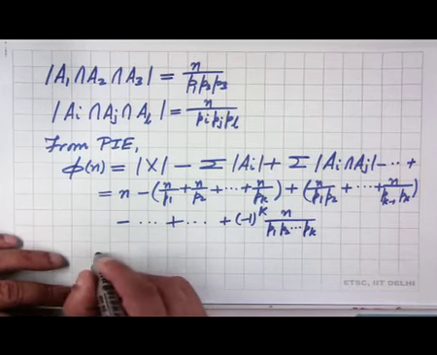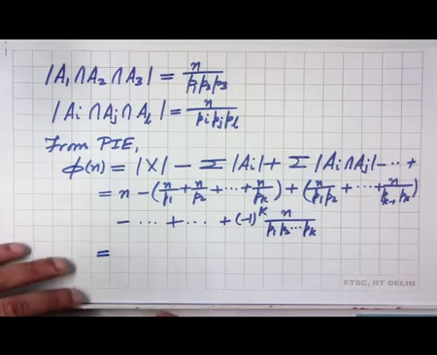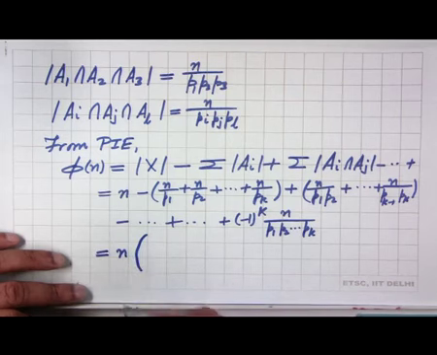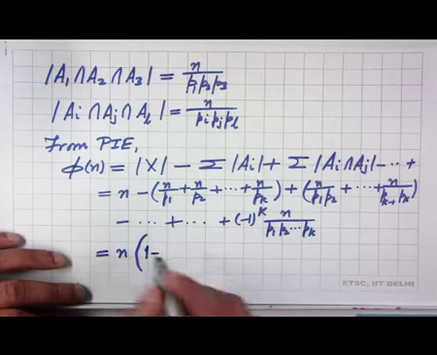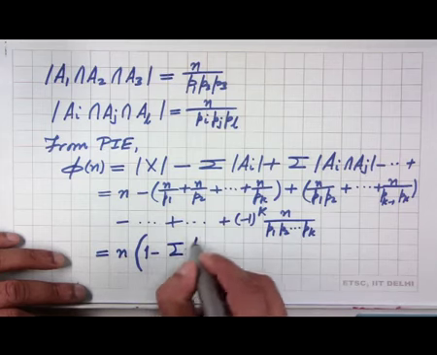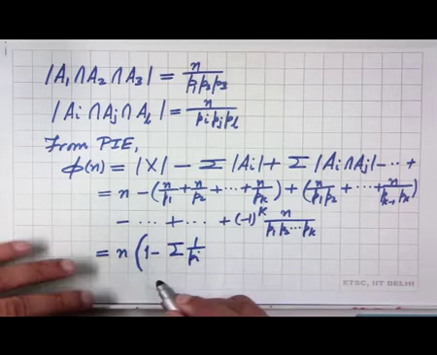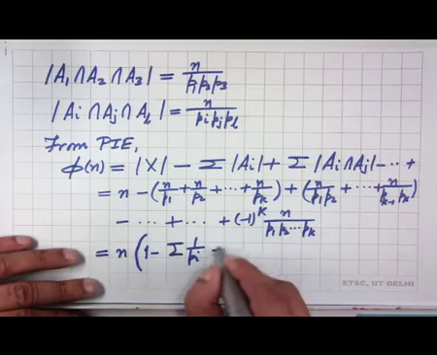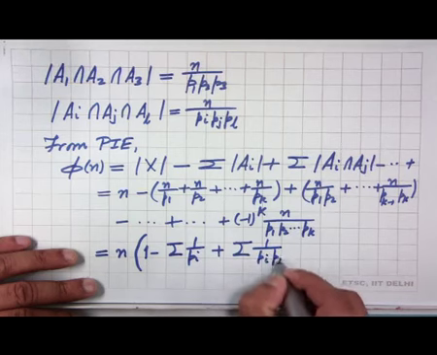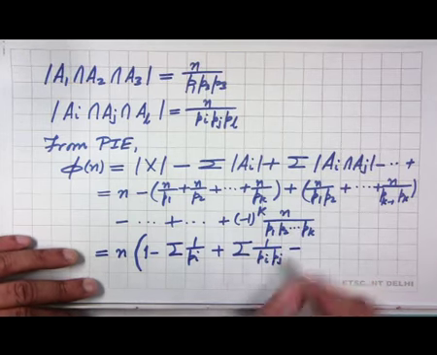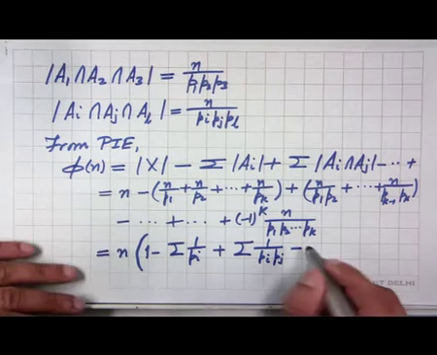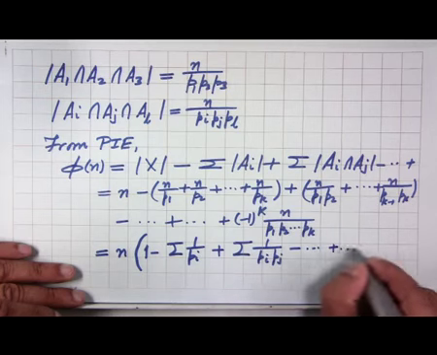Now, can I simplify this? The first thing that strikes me is I can pull this n out, and I get 1 minus, and I have something like sigma 1 by pi plus sigma 1 by pi pj, and then minus sigma 1 by pi pj pr, pl, whatever, dot dot dot, plus dot dot dot.